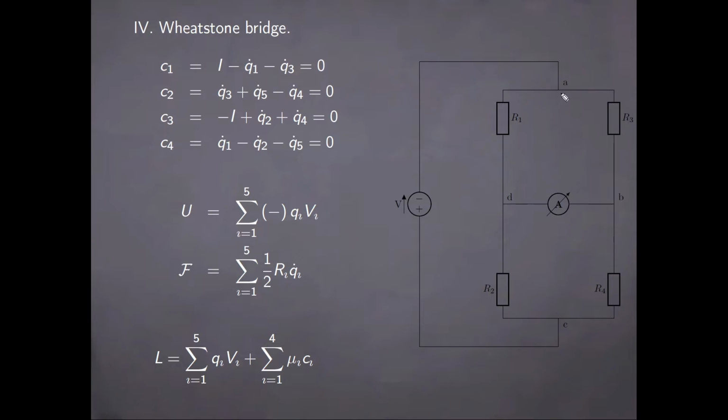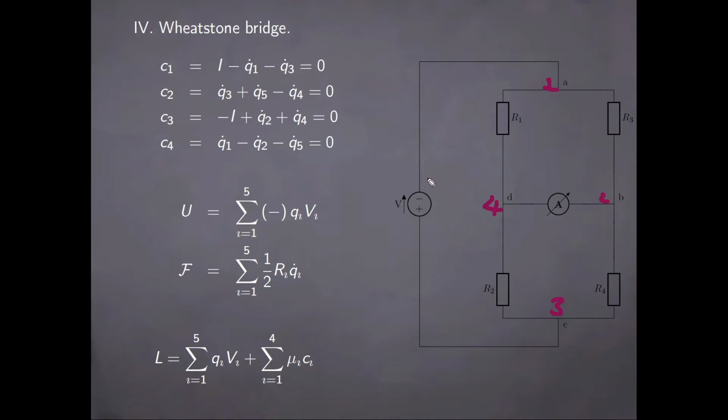And such a system will feature the voltage source, the current measuring device or ammeter, the four resistances, and four junctions, which I've labeled as A, B, C, D, or let's say 1, 2, 3, and 4, respectively.